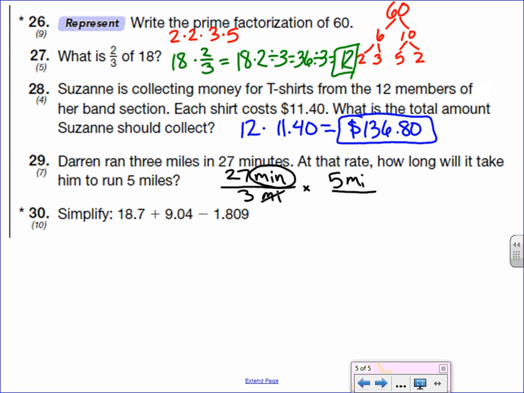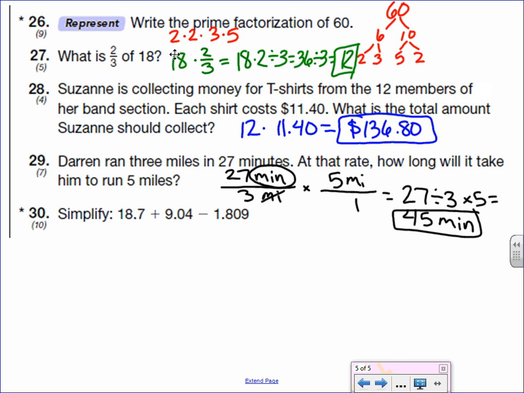So 5 miles over 1. 27 divided by 3. And then times 5. 27 divided by 3 is 9, times 5 is 45. And minutes are my units since I haven't crossed them out.